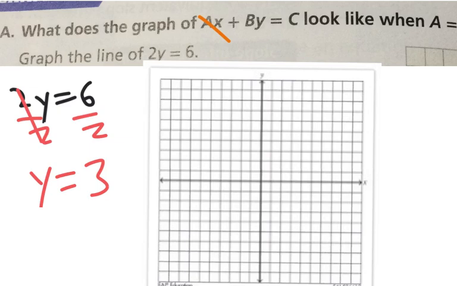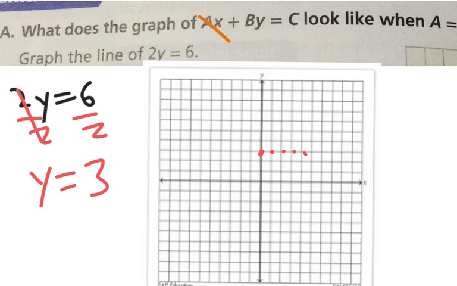If y equals 3, that means it would go horizontally, right? So I need to graph the line where y is always 3. There's no x, there's no variation. Exactly. So right here's a y-intercept of 3. Horizontal line. And then this is the point 1, 3, and here's 2, 3, and 3, 3, and 4, 3, and 5, 3.